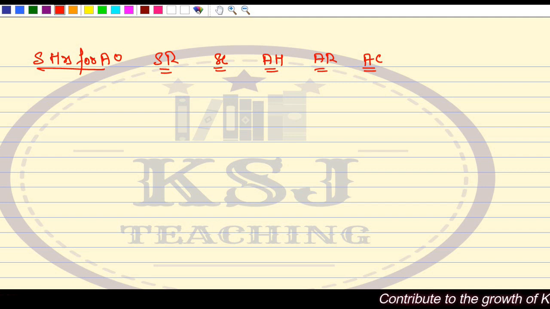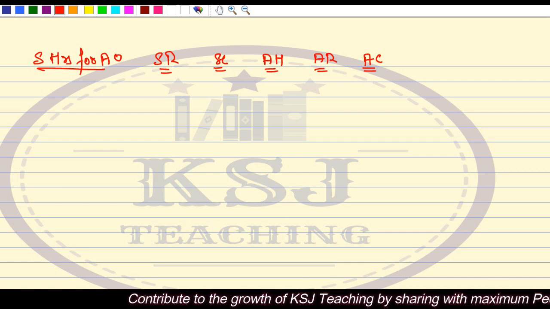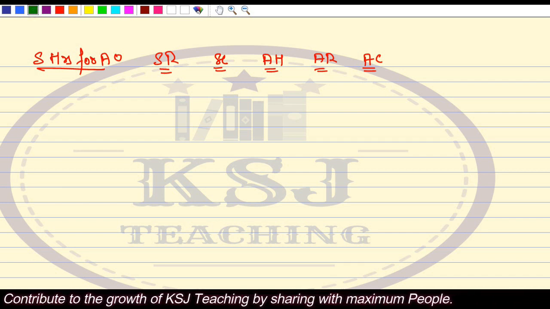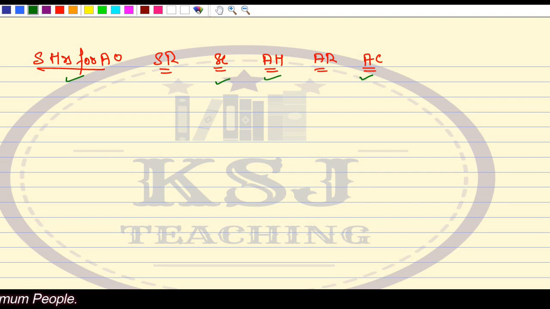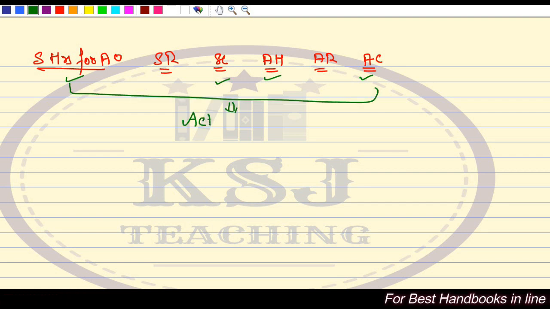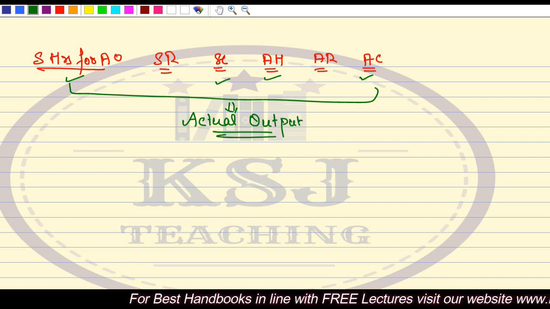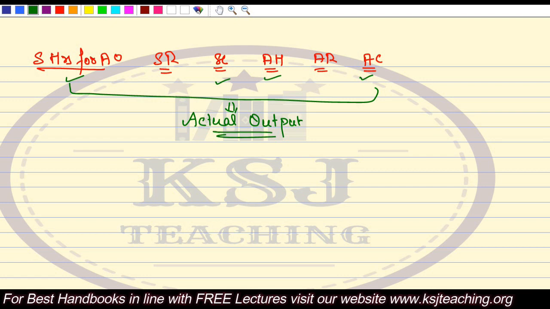If you see carefully, if we talk about the standard hours, and if you talk about the actual hours, everything, standard cost, actual cost, everything we are talking from the point of actual output, right? The standards also we are calculating for actual output.